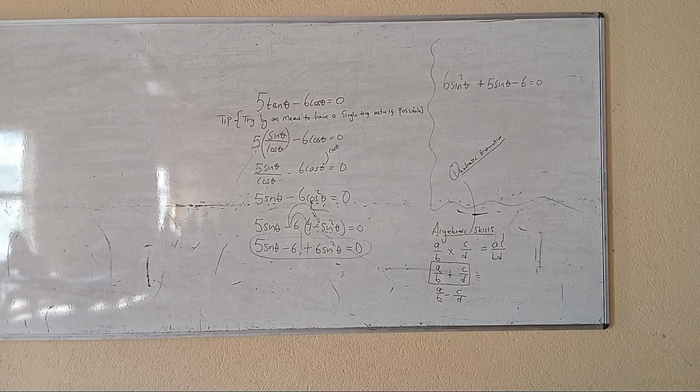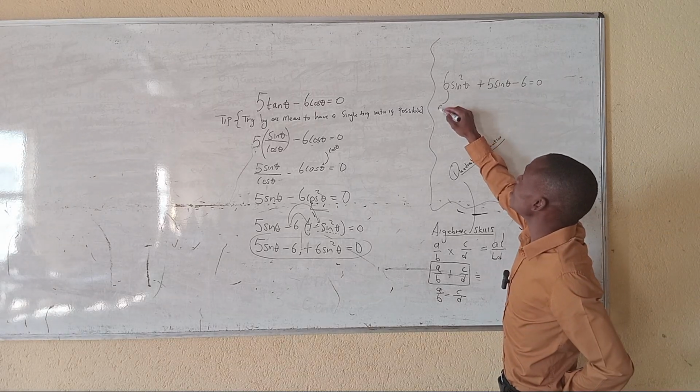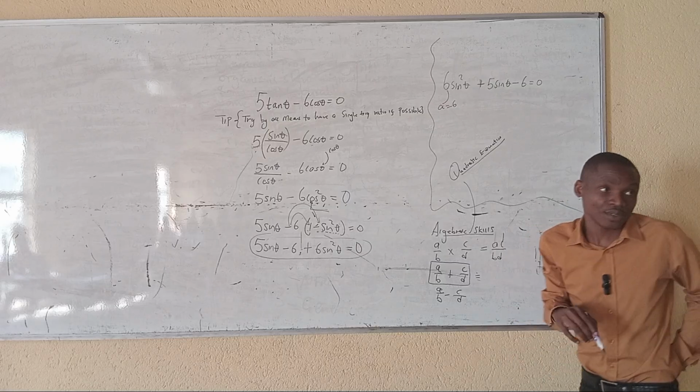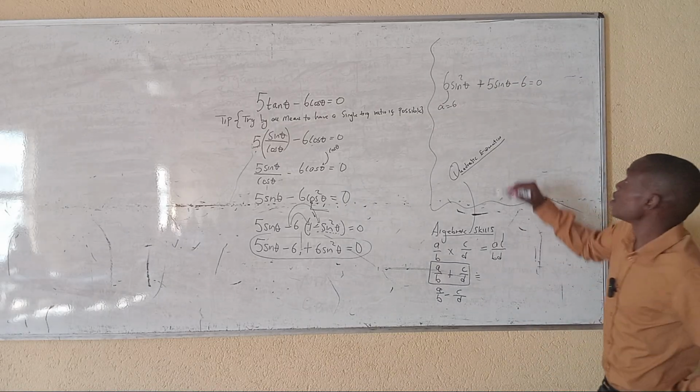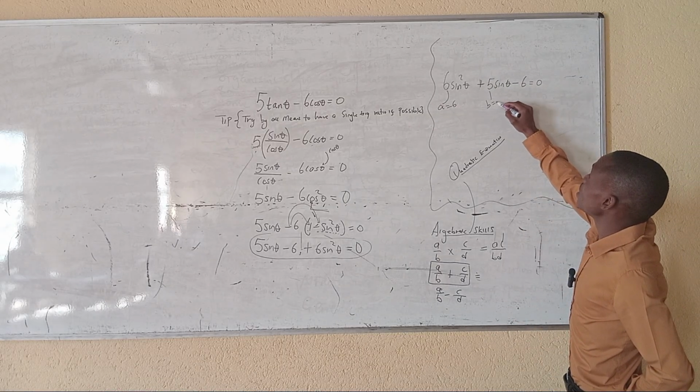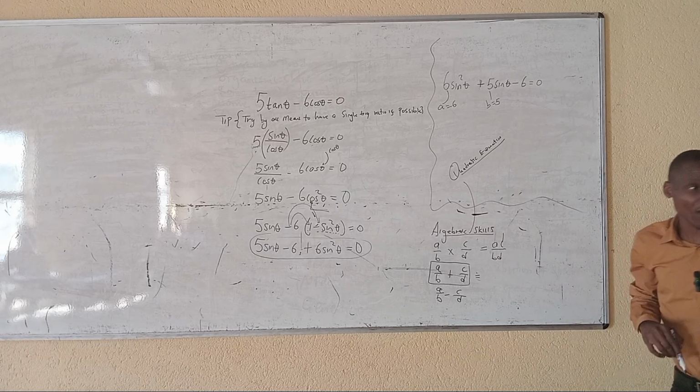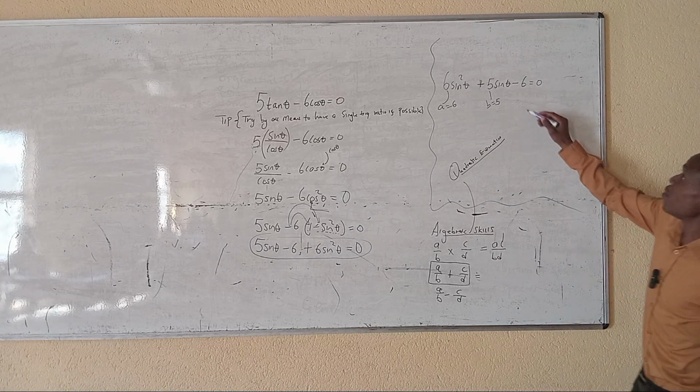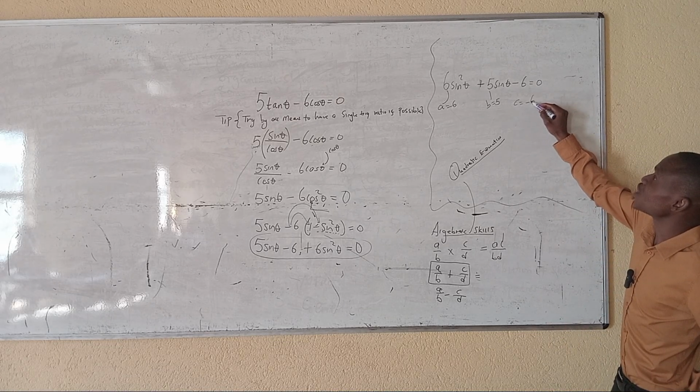If you remember, that is a quadratic equation. So what is my A? My A is 6. What is my B? My B is 5. What is my C? My C is negative 6.